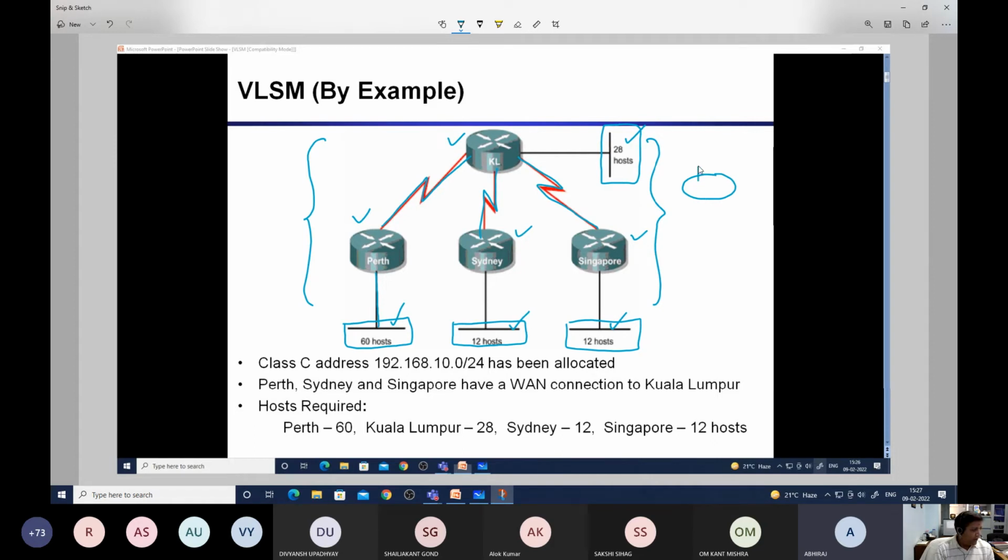The WAN interface is a wide area network interface through which this router is connected to another router. These are known as serial interfaces, and these links are known as point-to-point links.